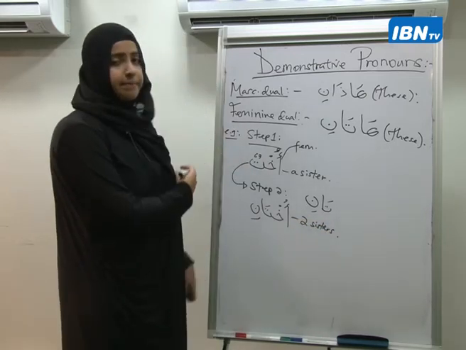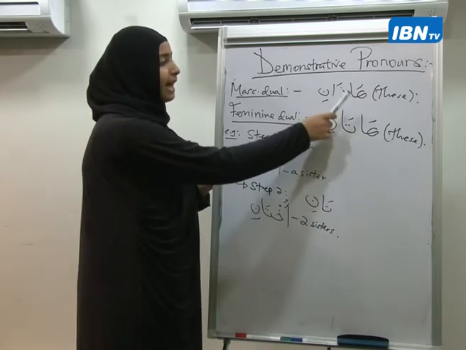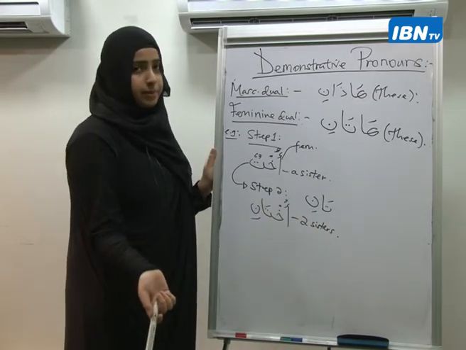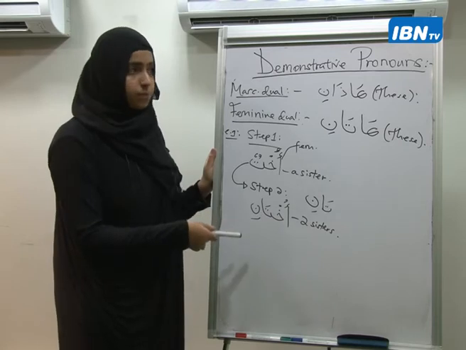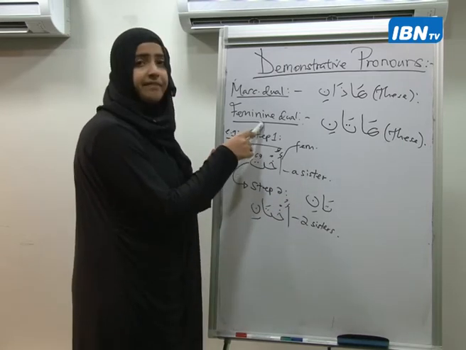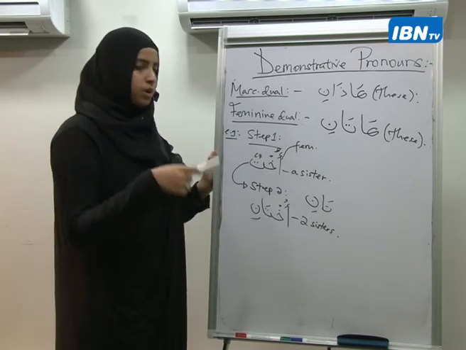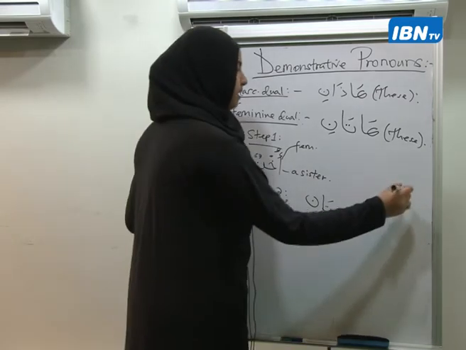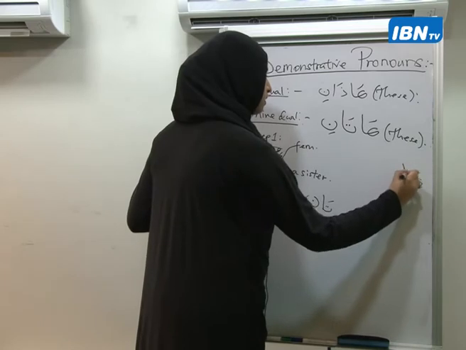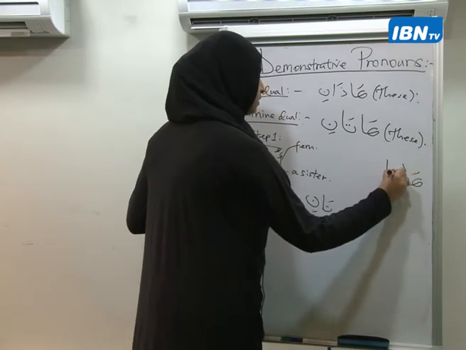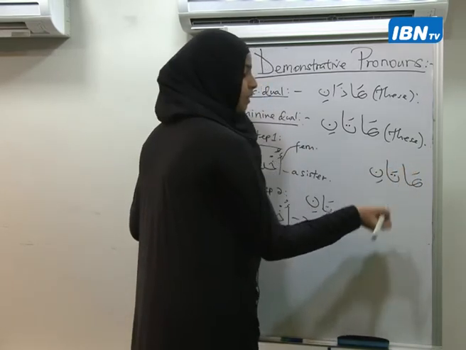Right, so my last step will be using one of the demonstrative pronouns. Since we said this is a feminine word, we are going to use a feminine dual. So I'm going to say hatani ukhtani. Hatani what?